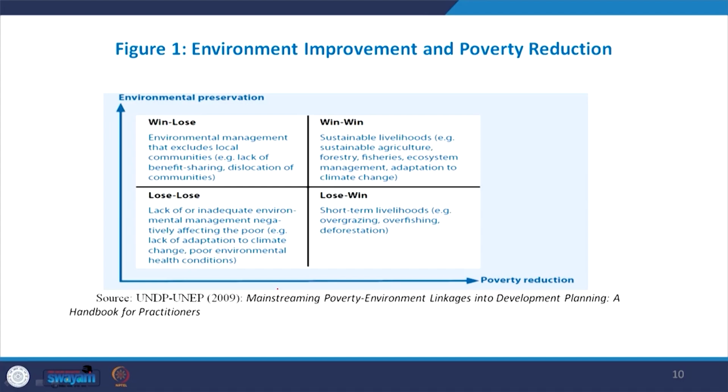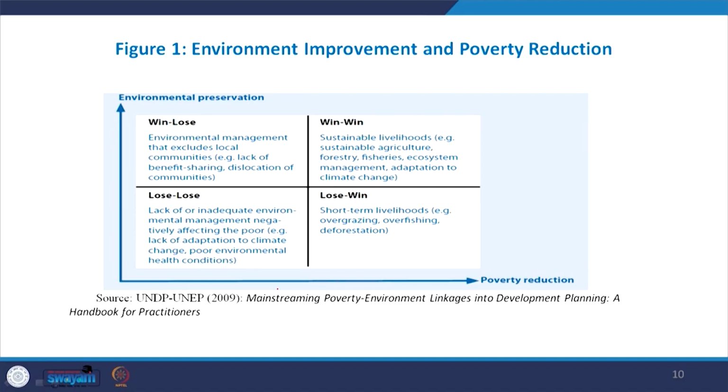And fourth one is lose and win. So, this is another situation where environmental conditions may not improve, but livelihood conditions may improve, and that is short term measure actually, like short term livelihood measure like overgrazing, overfishing, deforestation.